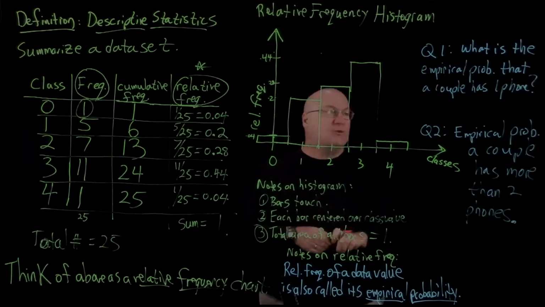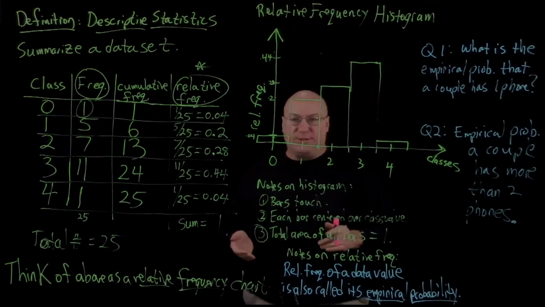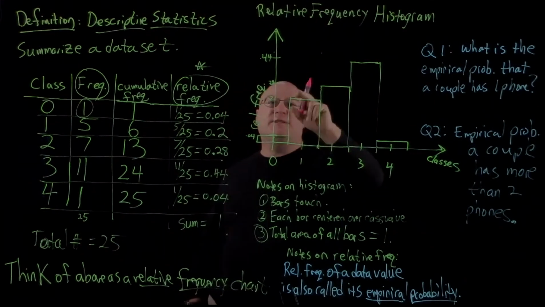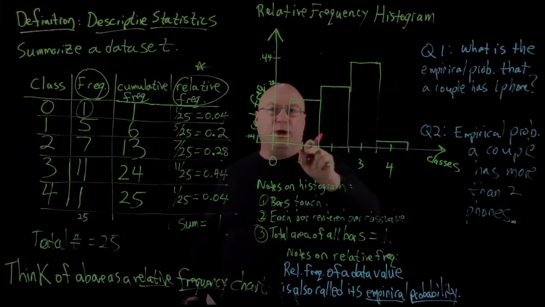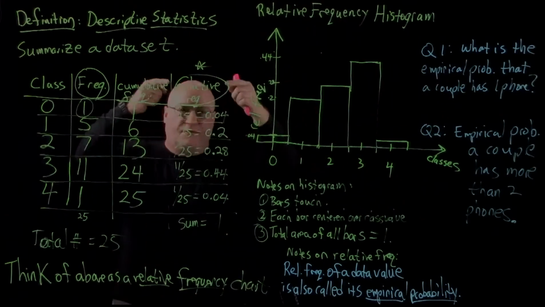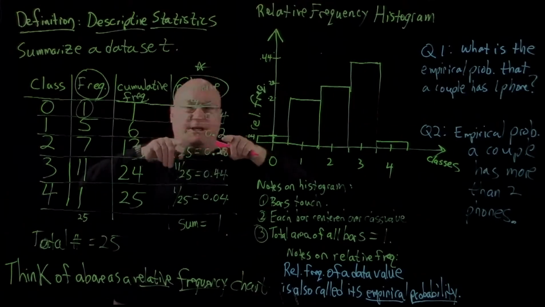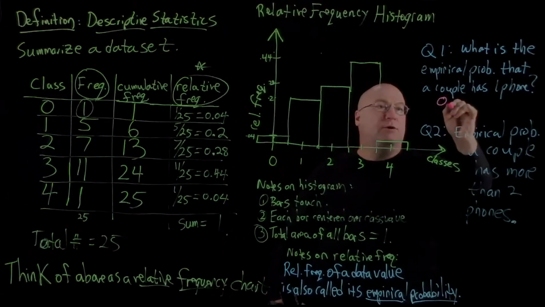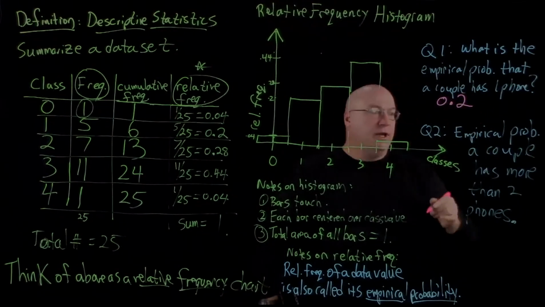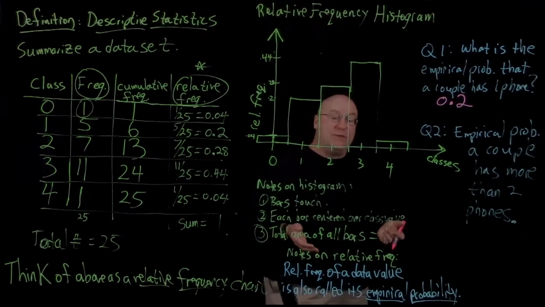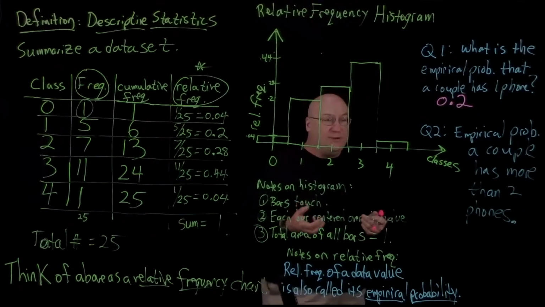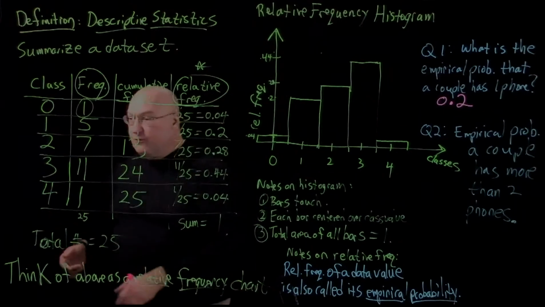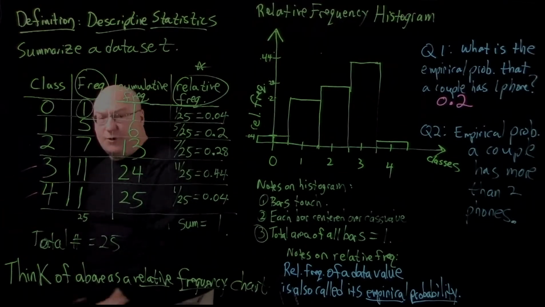Empirical probability that the couple has 1 phone, it's the same as the relative frequency of 1. So I come back over here to the histogram, and I see that this has area 0.2, right? 1 by 0.2, or I can just go over here to the relative frequency chart and see that it's 0.2. So the answer is 0.2. Empirical probability a couple has more than 2 phones. What I need to do there is think to myself, what does more than 2 phones mean? In this context, more than 2 phones means 3 or 4.